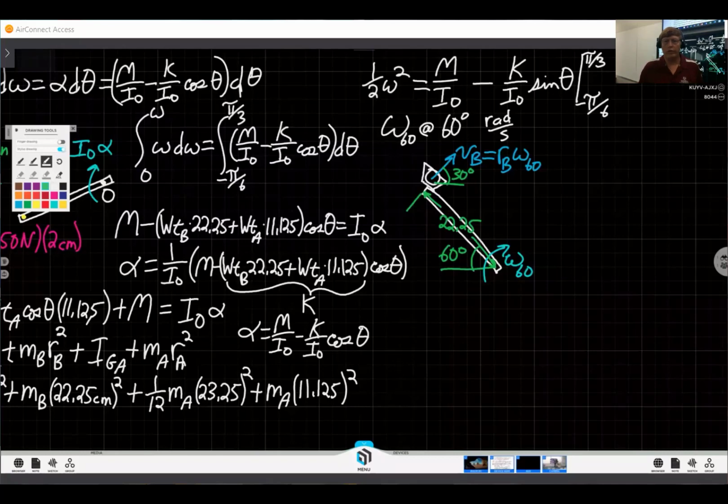So we started from rest. As soon as the launch action started to happen, we started rotating that swing arm. Initially, the ball and the arm were not moving in the angular direction at all. We had no angular velocity.